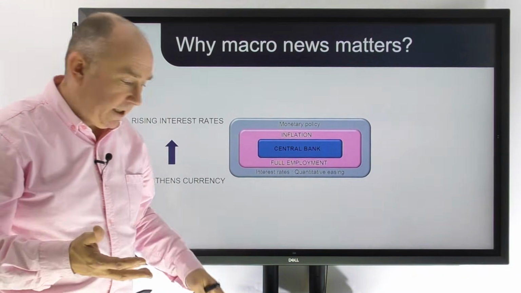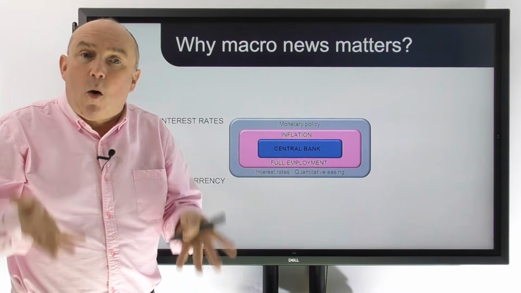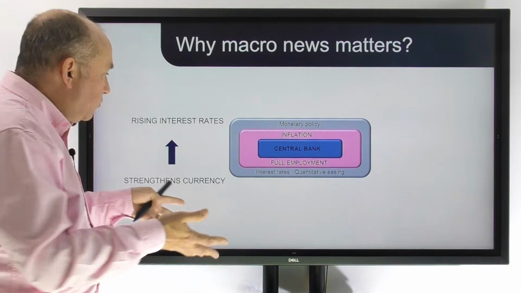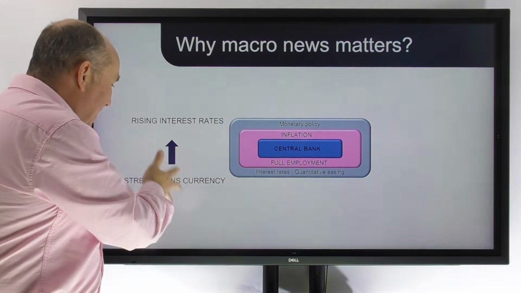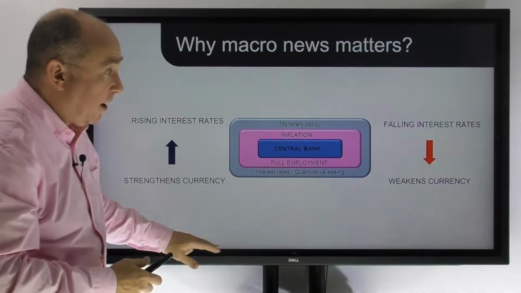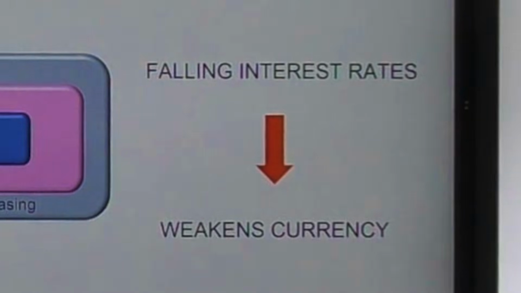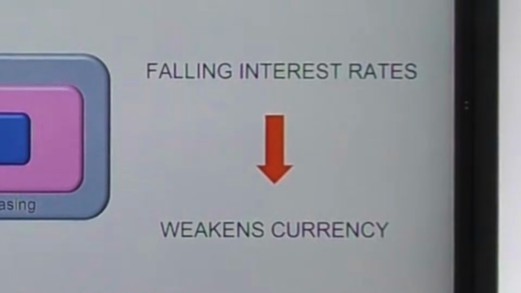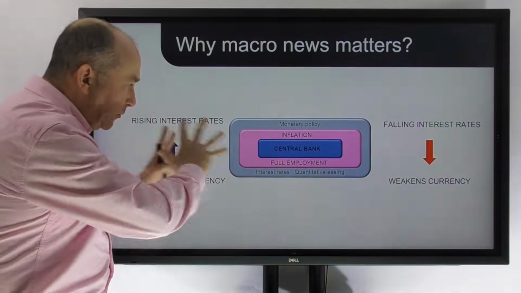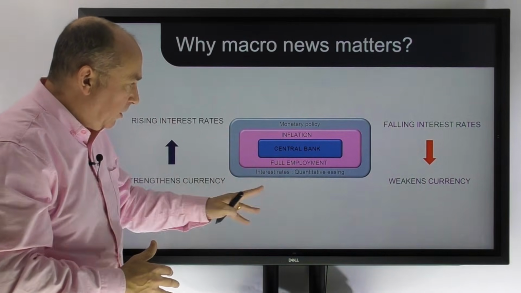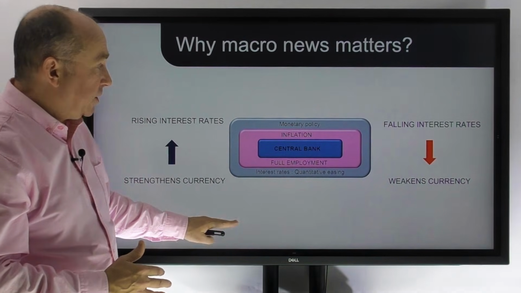So if you're buying a particular currency, clearly the currency should go up in value. So it's generally the norm that rising interest rates lead to a strengthening of a currency, and conversely, falling interest rates tend to see a weakening of a particular country's currency. That's basically what it's all about. So that's how the central bank controls employment and inflation with monetary policy.